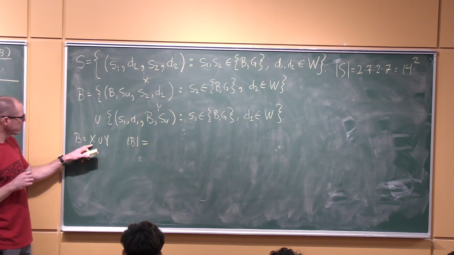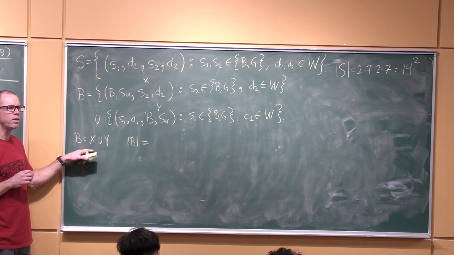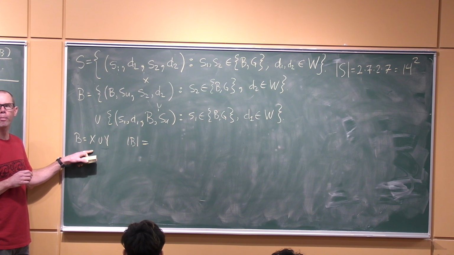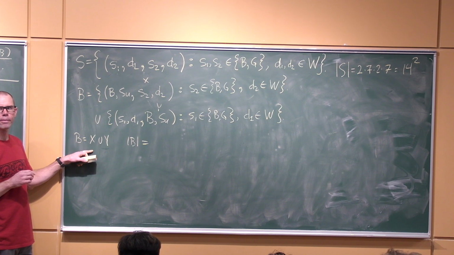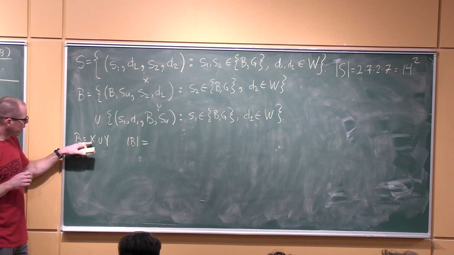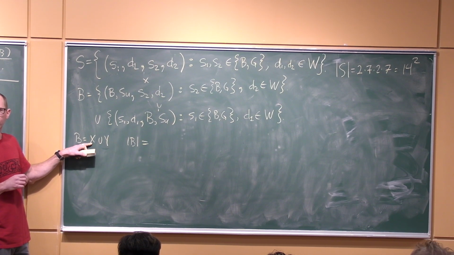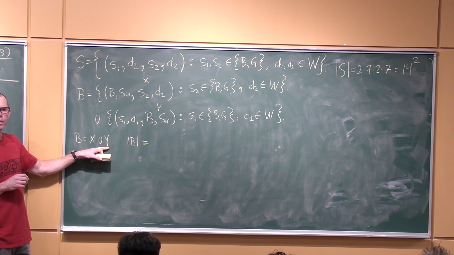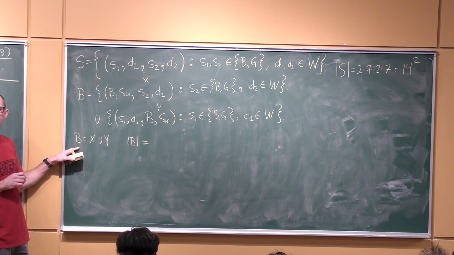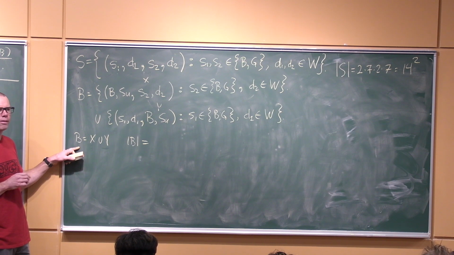If I want to compute the size of a set that's the union of two sets, wouldn't this be 14 plus 14? Okay, so the size of X is 14, the size of Y is 14. Does that mean that the size of X union Y is 14? No. What are we forgetting?